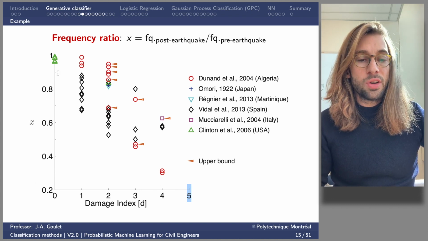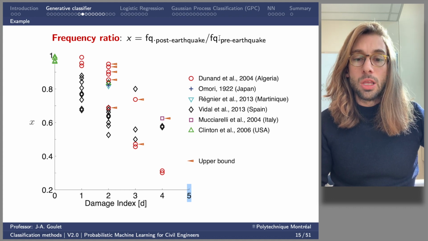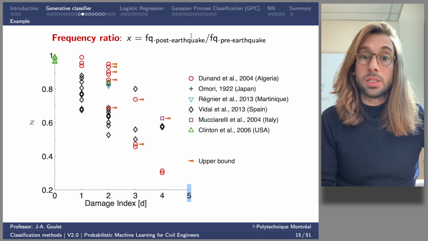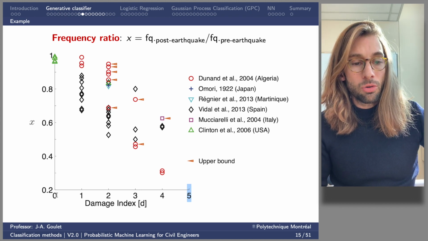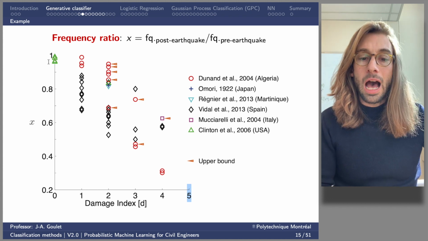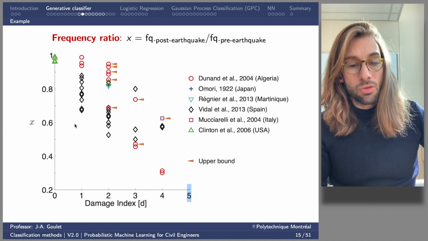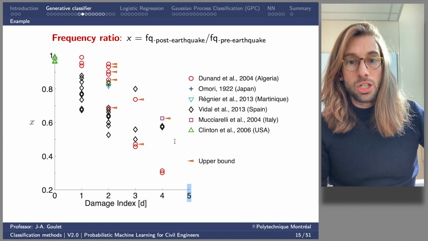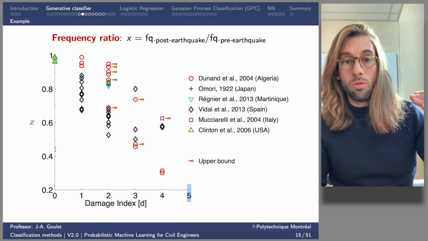If the frequency ratio is 1, it means there's no change in the post and pre-earthquake frequency. So for undamaged buildings, that correlates with a very high frequency ratio. And we can see that as the damage index increases, the frequency ratio drops. That frequency ratio is going to be bounded between 0 and 1.